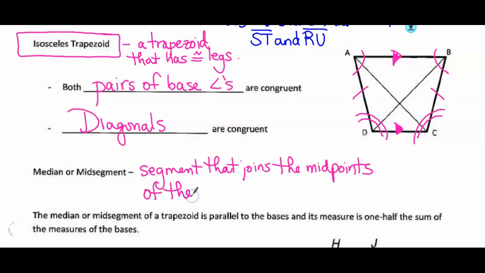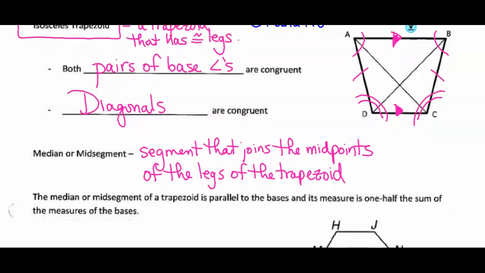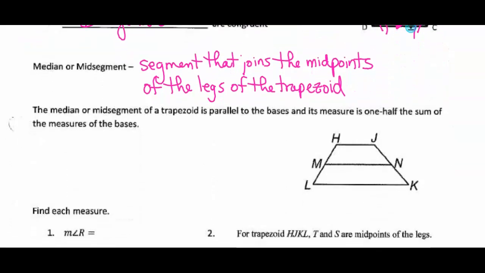Segment that joins the midpoints of the legs of the trapezoid. There is a theorem that goes along with a midsegment, and that's our next thing. It says the median or midsegment of a trapezoid is parallel to the bases.